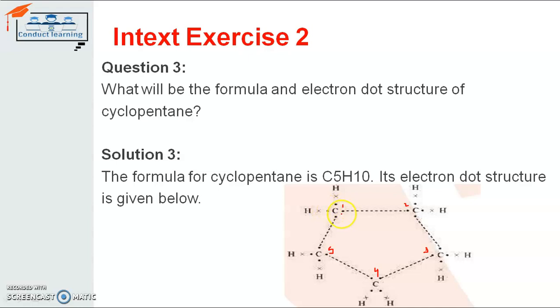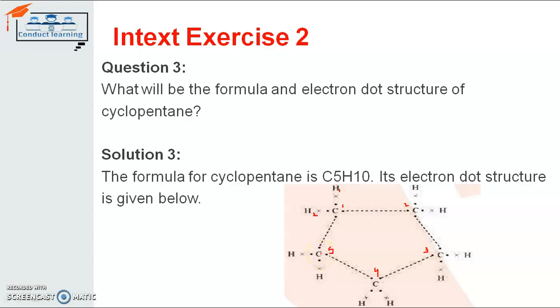As you can see, this C1 is sharing 1 of its electrons with this one hydrogen atom and another electron with this second hydrogen atom. And this C1 shares the third electron with the C2 carbon and the fourth electron with the C5 carbon atom.